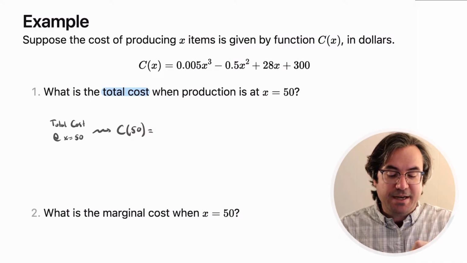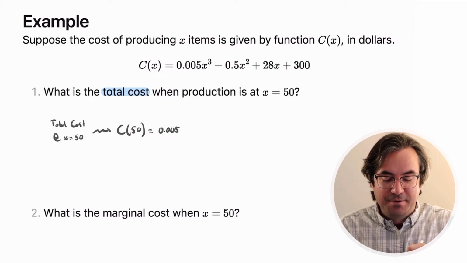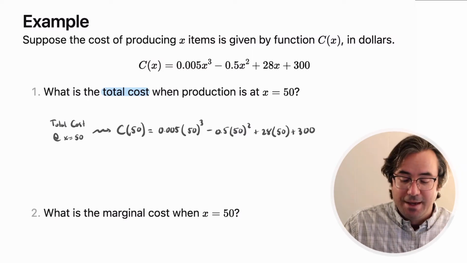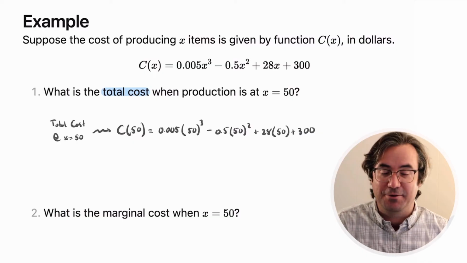Wherever we see an x here, we swap that out with 50. So when we do that, we get 0.005 times 50 cubed minus 0.5 times 50 squared plus 28 times 50 plus 300. And that's it.